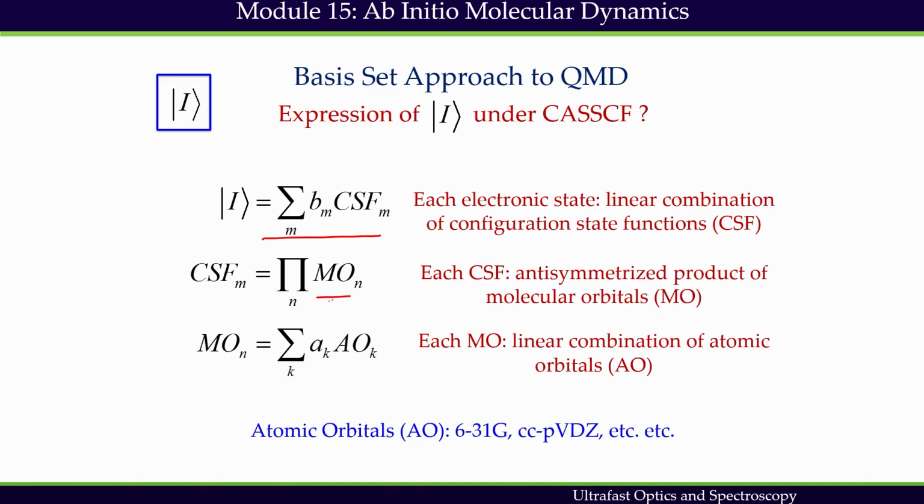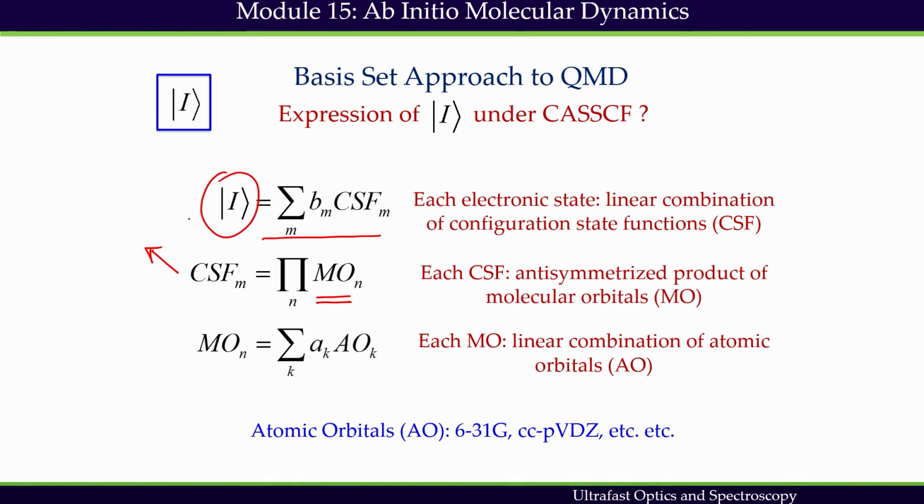This is a product of molecular orbitals, but a particular kind of product where the antisymmetric nature of the electrons has to be preserved, and that's why it is called the antisymmetrized product of molecular orbitals. These are expressed in determinant form, called a Slater determinant. So each configuration state function is a Slater determinant, and we add multiple configuration state functions to get the final electronic wave function.